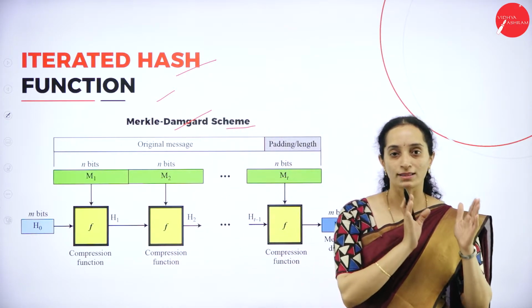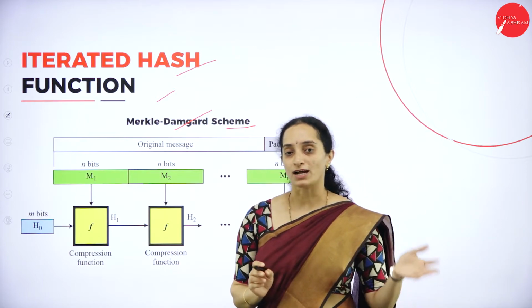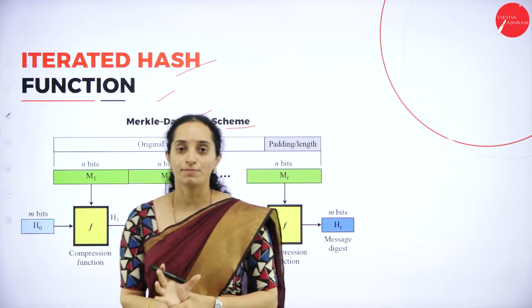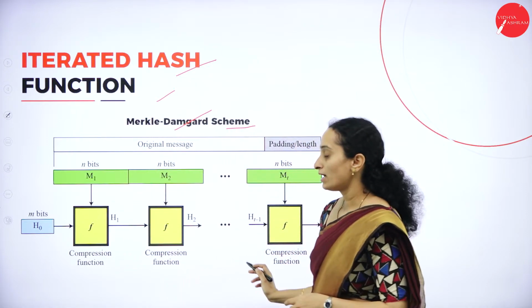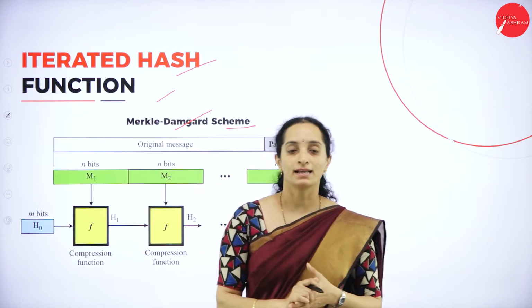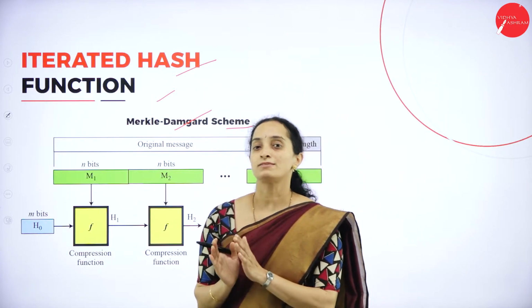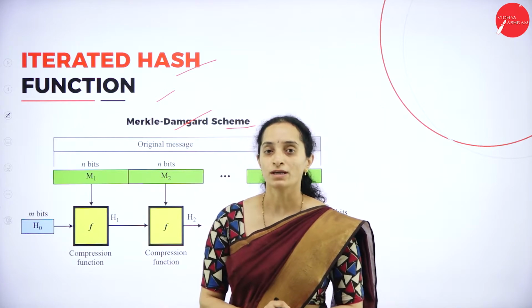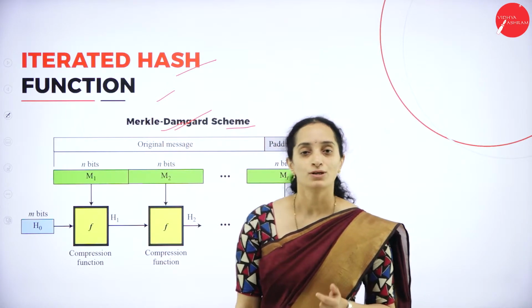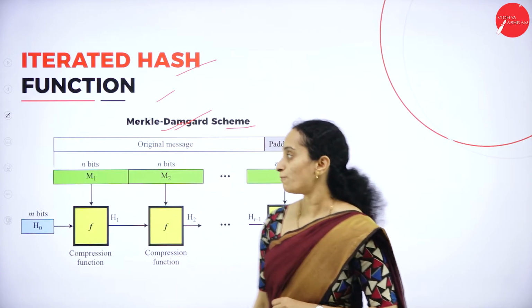Not all the bits are used; some will be truncated and only the fixed length will be used. We use the Merkle-Damgard scheme to perform this operation.